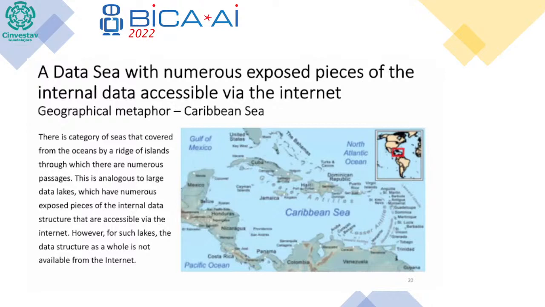The next metaphor is a data sea with numerous exposed pieces of internal data accessible via the internet. There is a category of seas that are covered from the ocean by a ridge of islands. This is an analogy of large data lakes which have numerous exposed pieces of the internal data structures that are available via the internet.